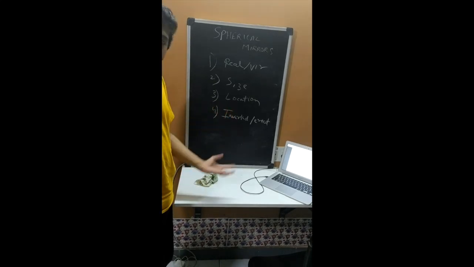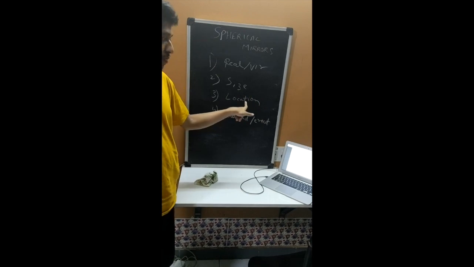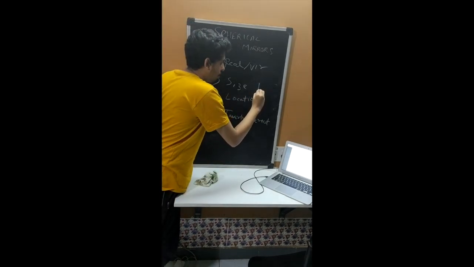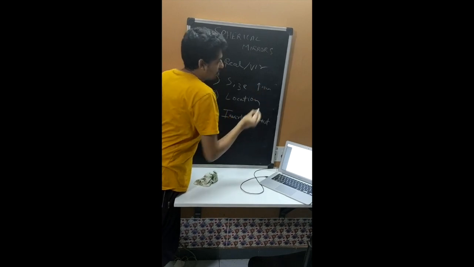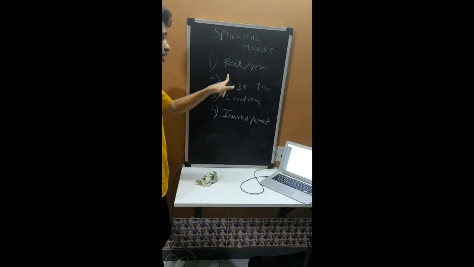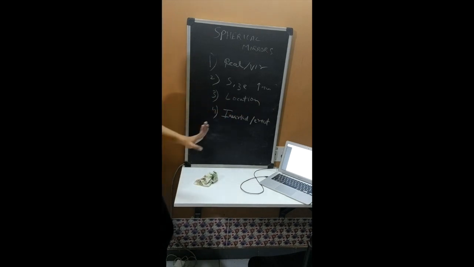But when we are drawing the ray diagrams, we did not tell exactly what size it will be, correct? If the object is of size 15 centimeter, what will the image size be exactly? That we did not get in the ray diagrams. Similarly, for location also, we did not get the exact distance.